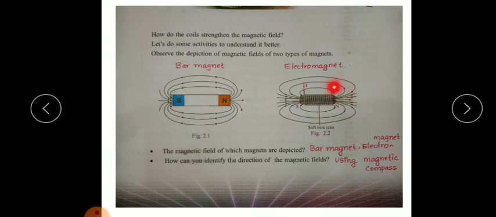If you stop the current flowing through this circuit, what happens? This iron core will lose its magnetism, and it will not act as a magnet. Okay, so here you can see permanent magnetism, here you can see temporary magnetism.